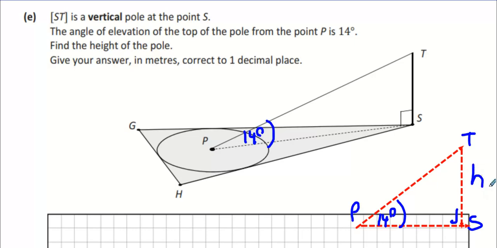The goal of the question is to find out what this green part right here is. Okay, now, in order to do that, I'm probably going to need to know one of the other sides. And P to S looks like the most reasonable assumption, because P to S is very much on my original diagram.